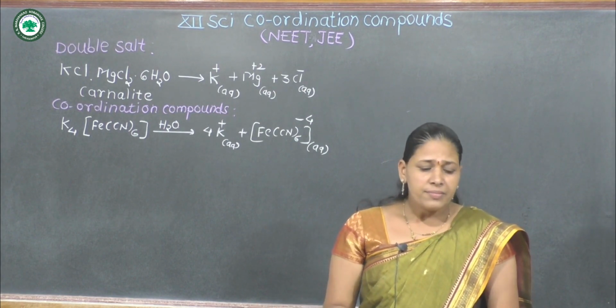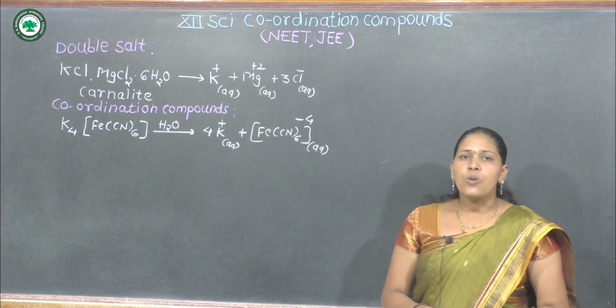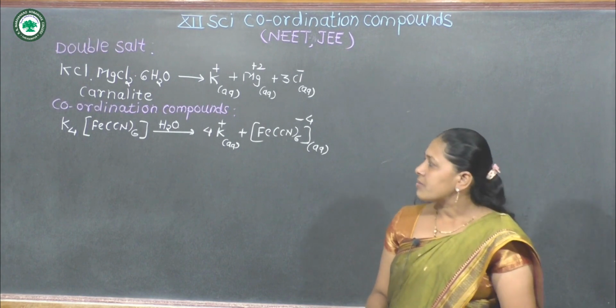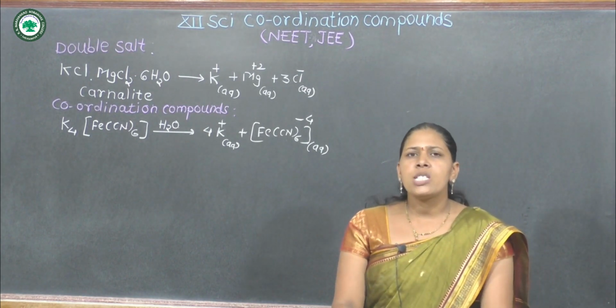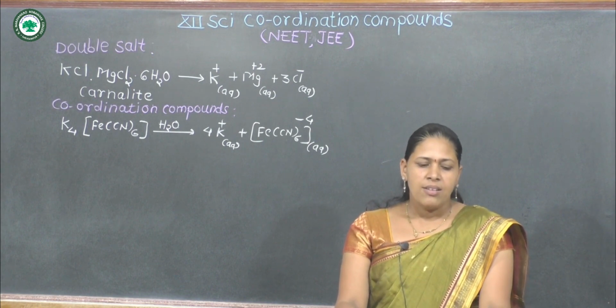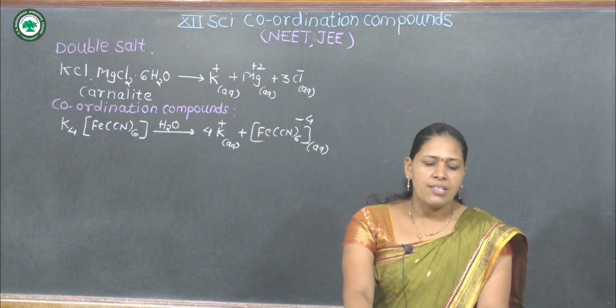Then there are two parts in a coordination compound. One is the coordination sphere and another is counter ions. What is the coordination sphere and what is the counter ion?